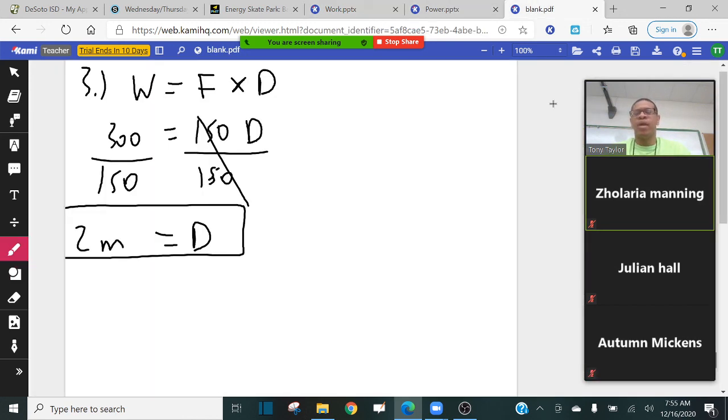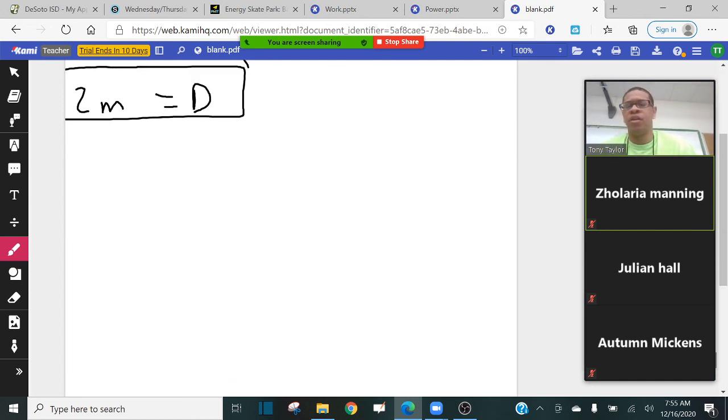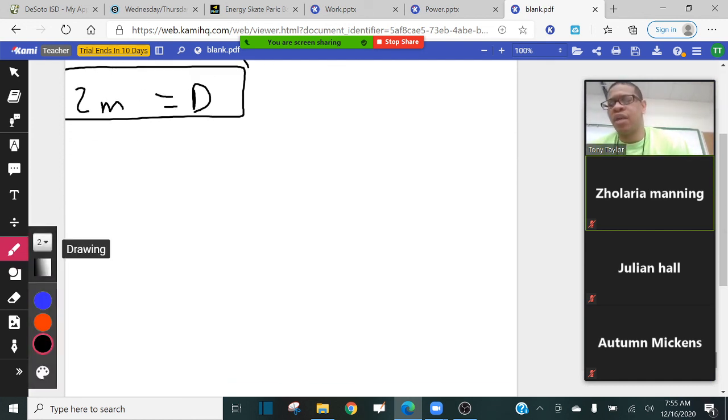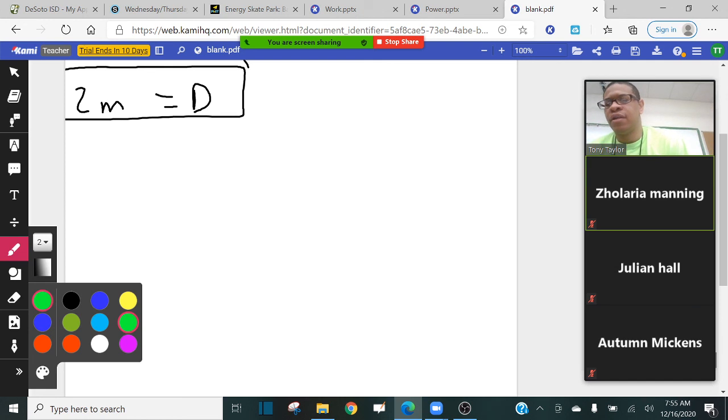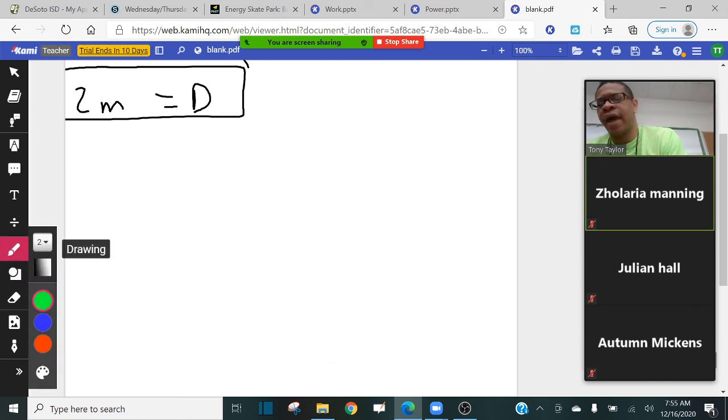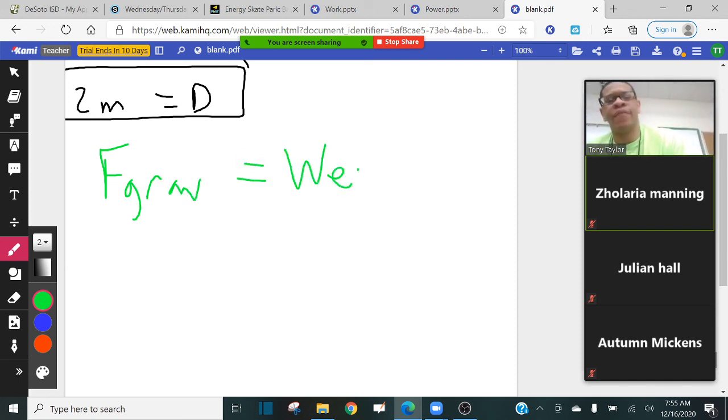But what is the force of gravity? Remember what we said weeks ago: the force of gravity acting on an object is always equal to the weight of the object. The force of gravity is equal to an object's weight.